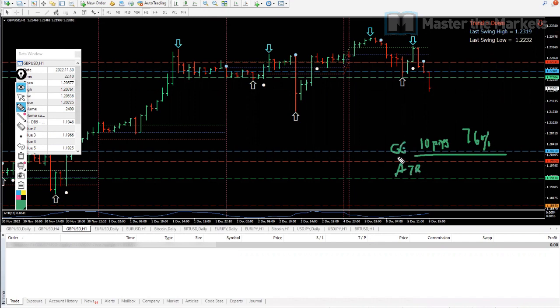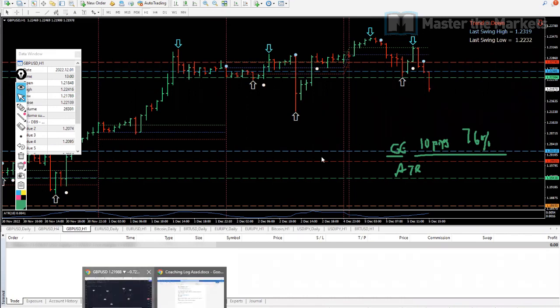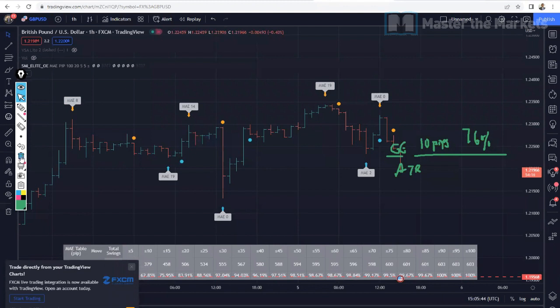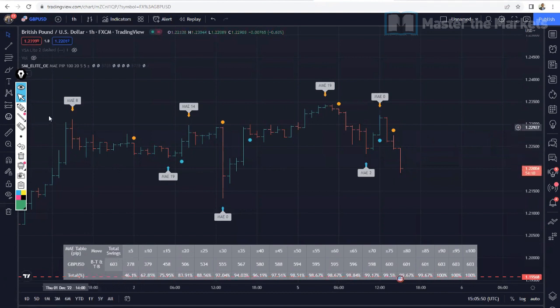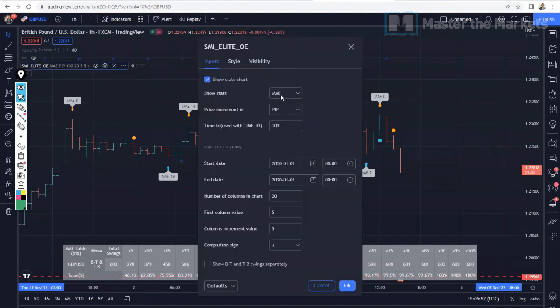The other thing, traders, that you can also look at is the MAE number. How much does it move against you before getting to your target? Okay, so for example here, I've put MAE numbers over here on the Smart Money Elite indicator.